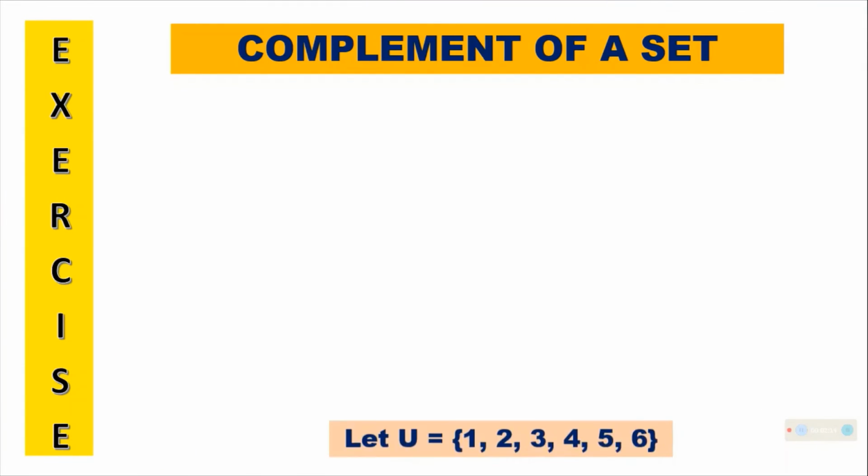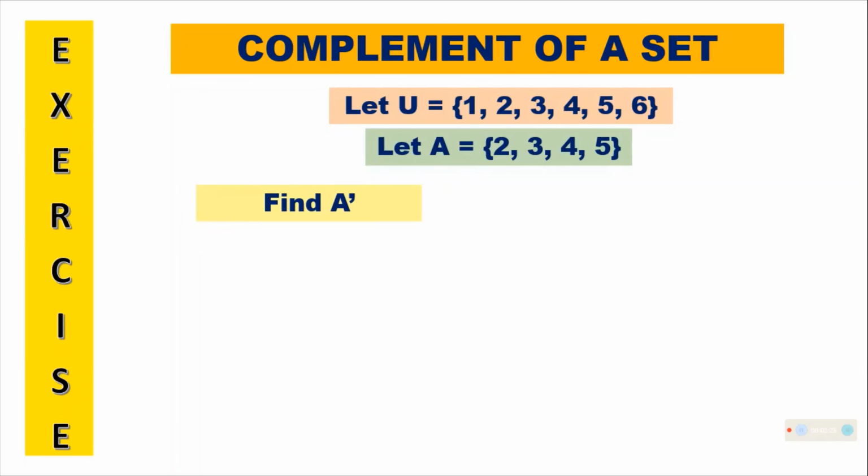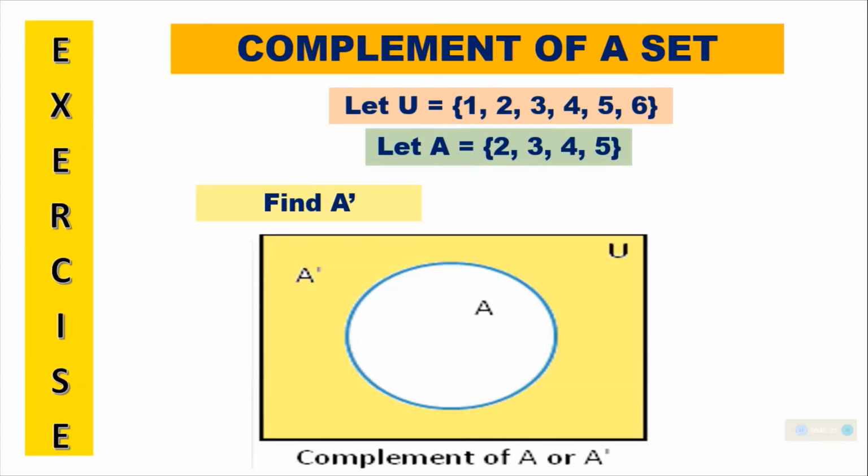How about complement of a set? Let universal set is equal to 1, 2, 3, 4, 5, 6. And then, let A is equal to 2, 3, 4, 5. Find A complement. So, sa complement, yan yung mga elements na hindi kasali sa grupo.